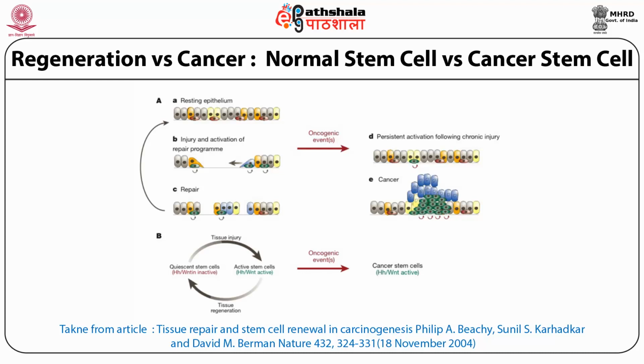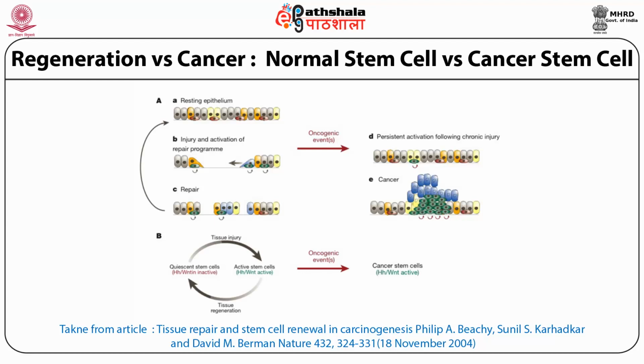Now let us understand what happens during a chronic insult or a chronic injury. During chronic injury, there is a continuous activation of the hedgehog and the Wnt signaling pathways. And this leads to continuous or uncontrolled division of the stem cells.